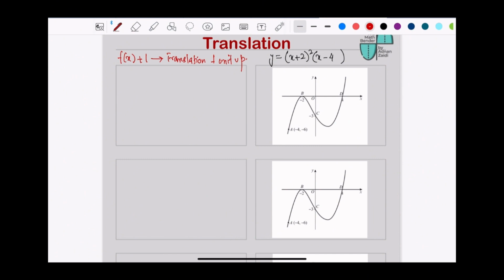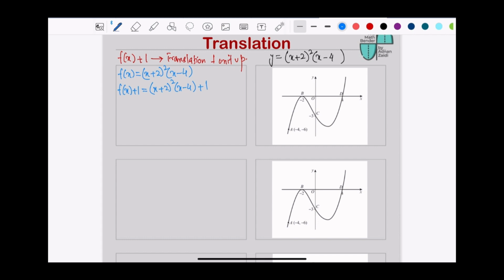So the initial equation was x plus 2 whole squared times x minus 4, which is now going to be, after the impact of f of x plus 1, x plus 2 whole squared x minus 4, which was initially the value of f of x, and I just added plus 1. You can expand the bracket, apply the square, and after opening the brackets and simplifying, you'll get some equation, but that's not the point of the lecture today.